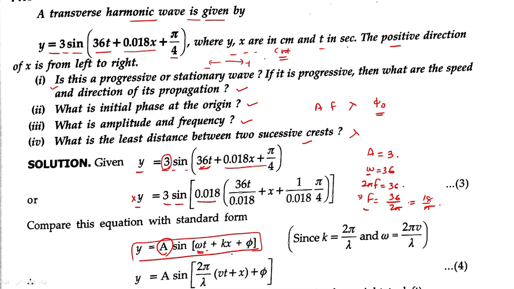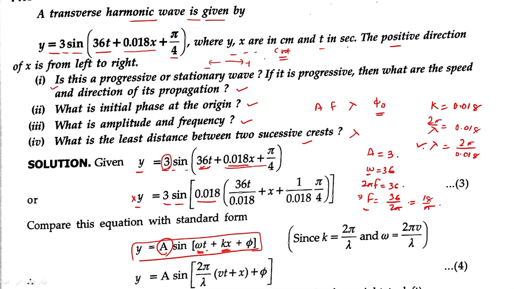Then that is kx, here 0.018x. Comparing, k equals 0.018. The value of k is 2 pi by lambda, the reciprocal of wavelength, so 2 pi by lambda equals 0.018, and then lambda equals 2 pi divided by 0.018.